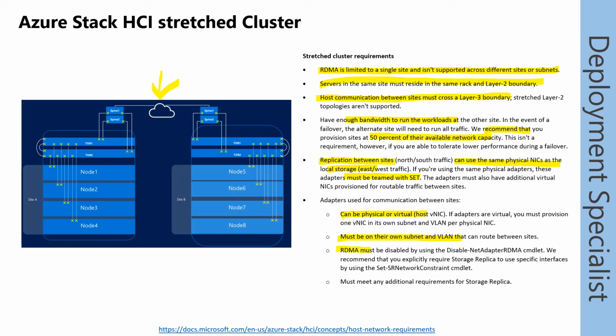RDMA must be disabled on these inter-site adapters, and these adapters must meet any requirements for storage replica, because you have seen the technology that's used between these two sites. It's storage replica.